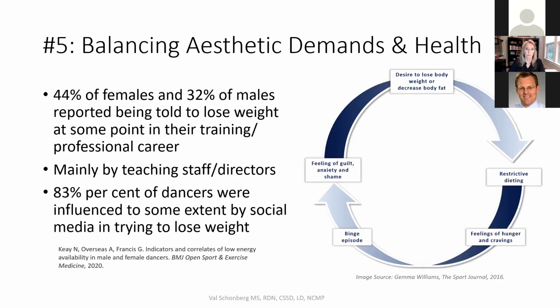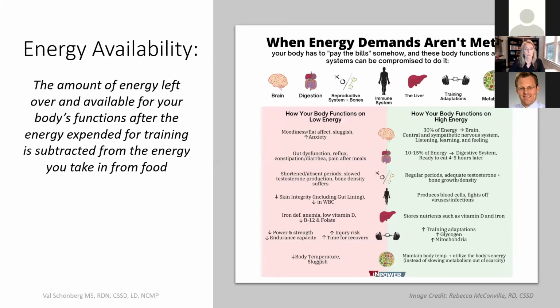That can be one problem. The other problem with this is this concept of energy availability. So whatever you take in for fuel, the body preferentially uses that for your training. And then the amount of calories or energy left over that's available for all your other body functions is what we refer to as energy availability.